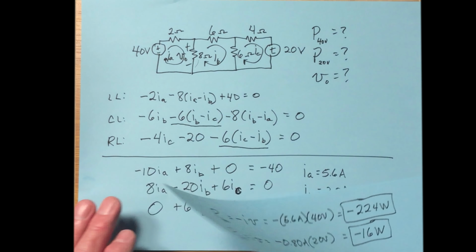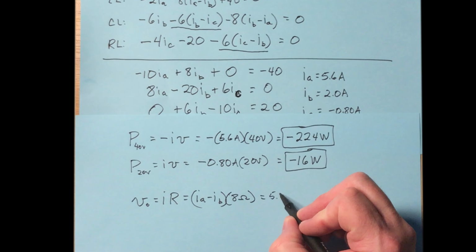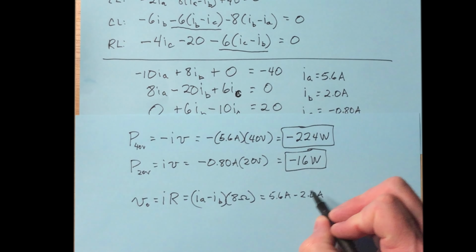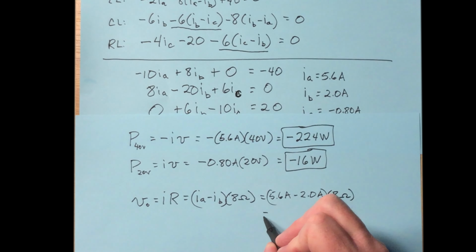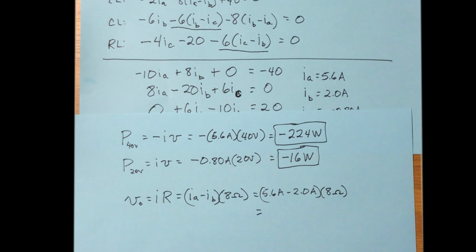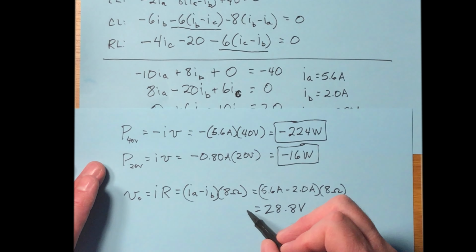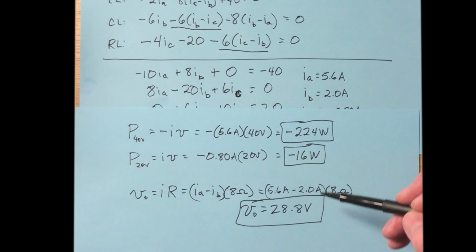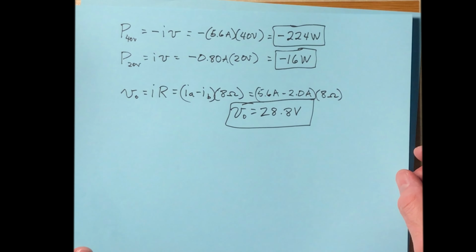So we'll plug in for I sub A and I sub B. 5.6 amps minus 2.0 amps multiplied by 8 ohms, and that turns out to be 28.8 volts. So that's V naught right there. We've now found what we've set out to find, so this problem is finished.